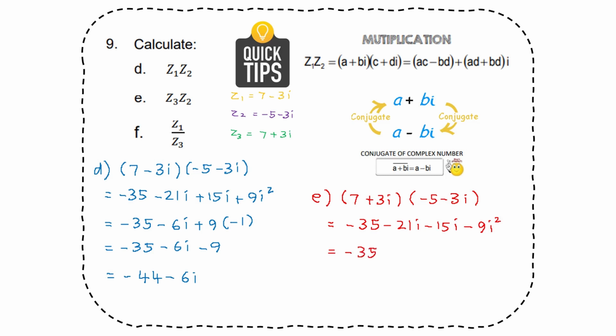Negative 35 minus 36i minus 9 times by negative 1, and we will have negative 35 minus 36i plus 9, and the answer will be negative 26 minus 36i.